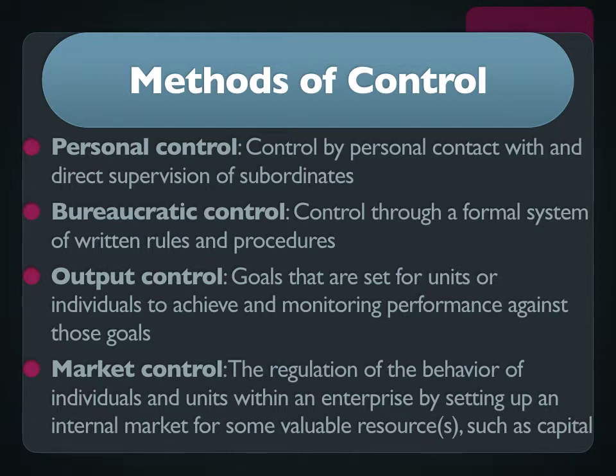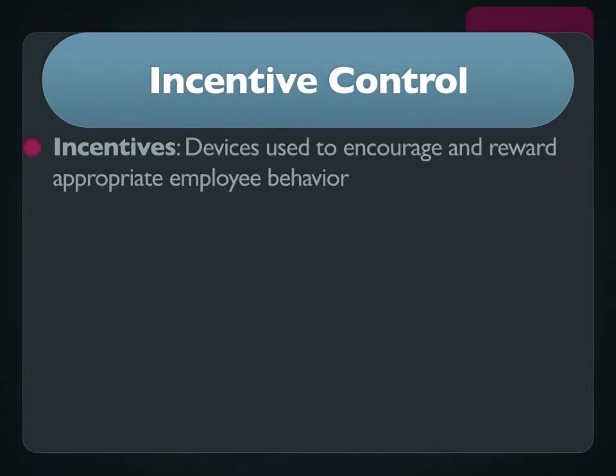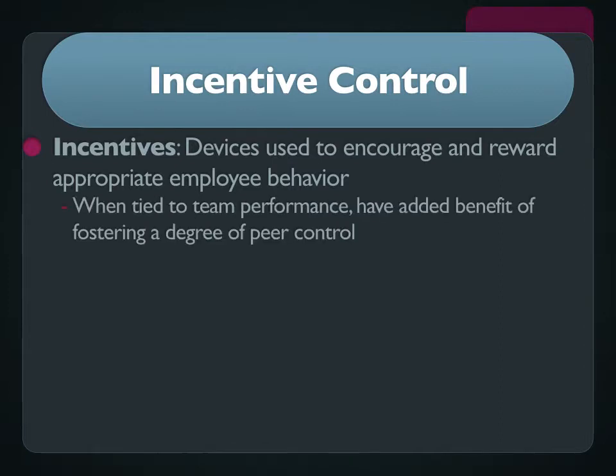So it's important to recognize that, and it's also important to recognize the reason why certain divisions are not reaching their goals. So if there's some systemic issue that may be inhibiting them, and that becomes particularly true when we talk about incentive controls. So incentives, devices used to encourage and reward appropriate employee behavior.